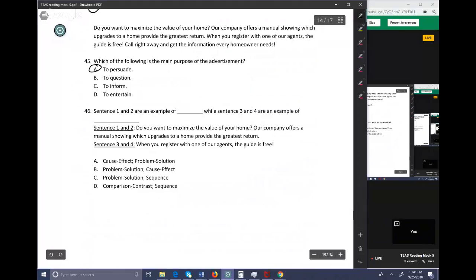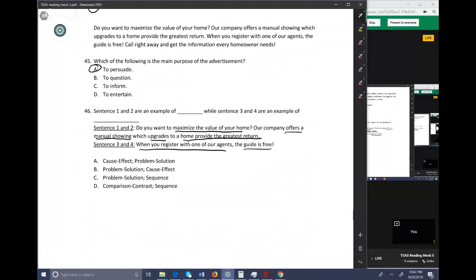I don't know why there's a grammar error in that, so ignore it. And then the next part is, when you register with one of our agents, the guide is free.